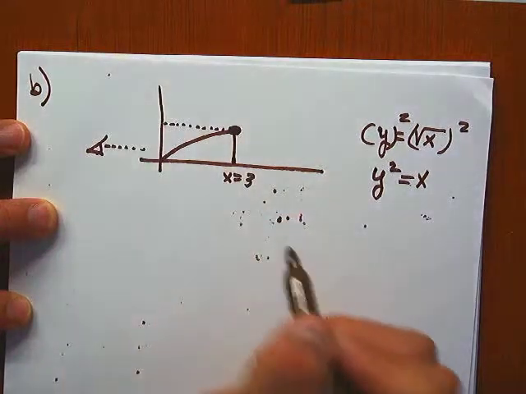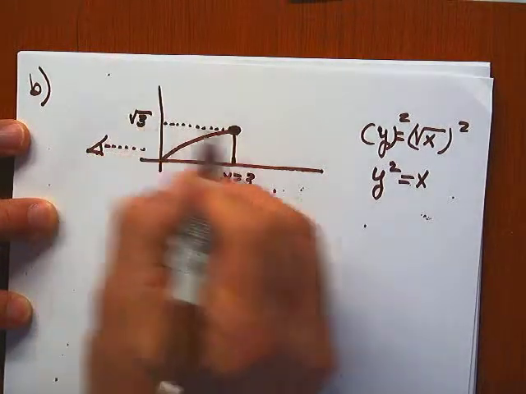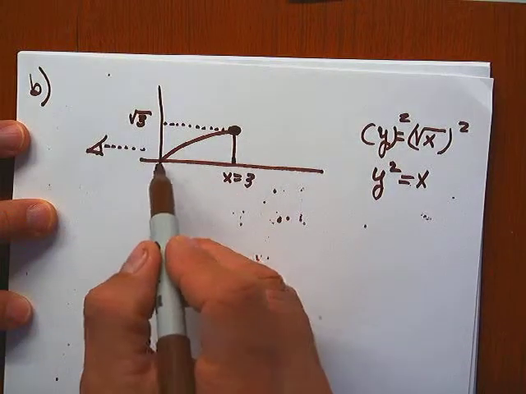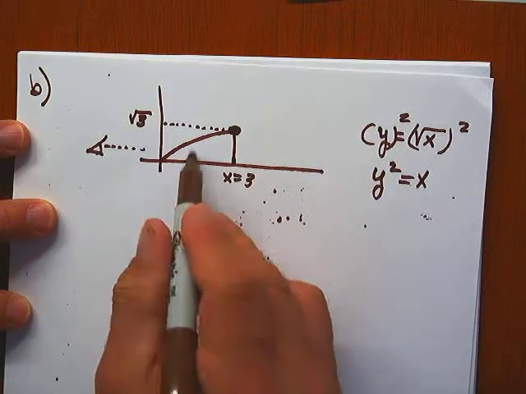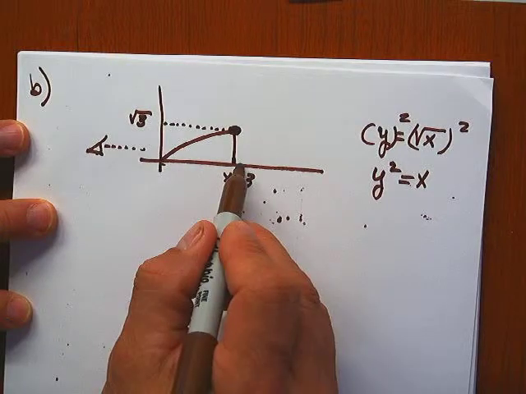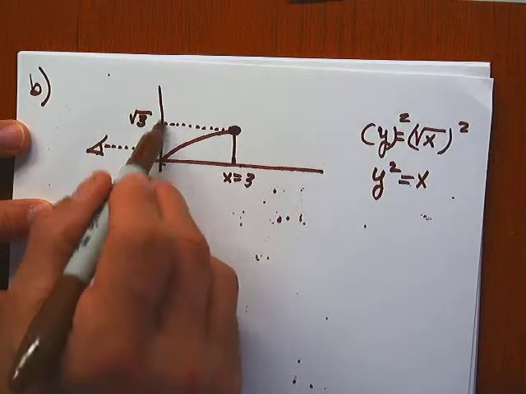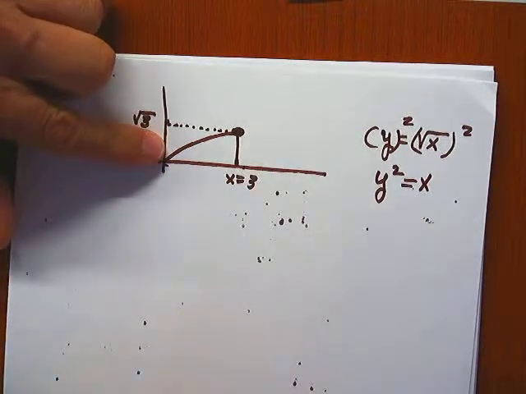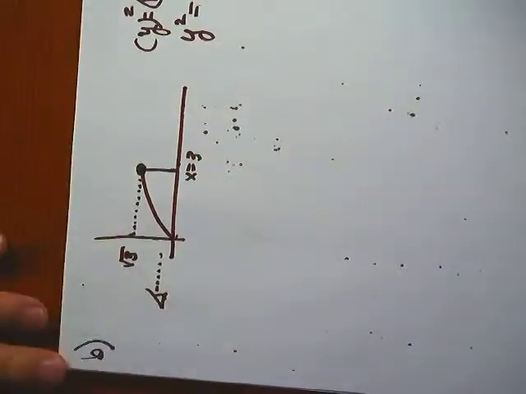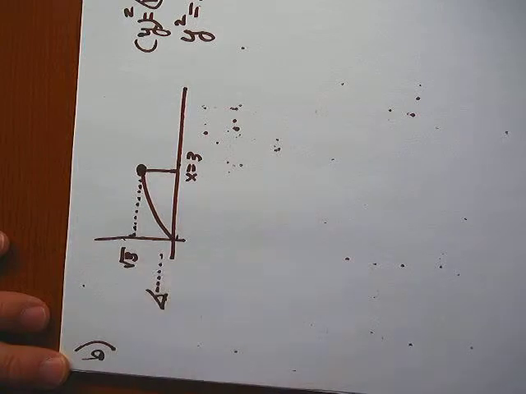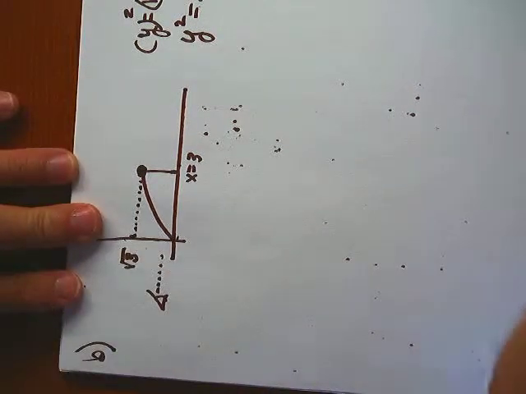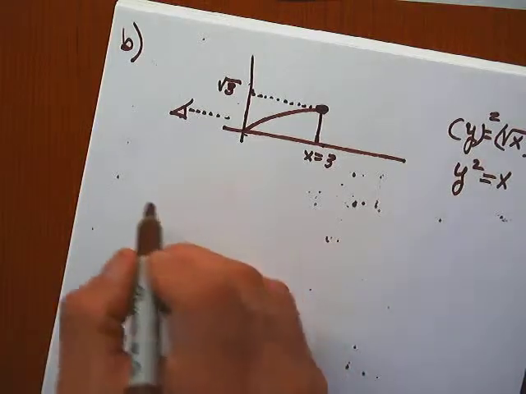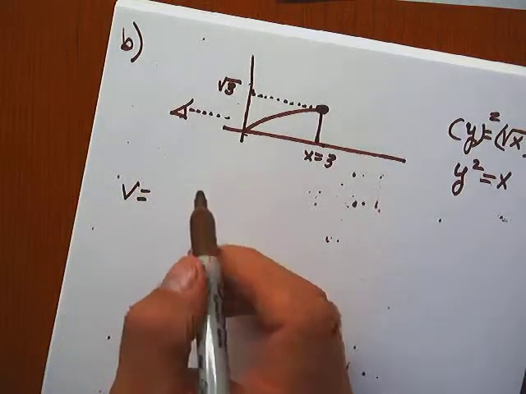And this point right here, which gives us our point over here, is going to be the square root of 3. So instead of going from 0 to 3, we're going to evaluate from 0 to square root of 3, just like we did on the x-axis a while ago.